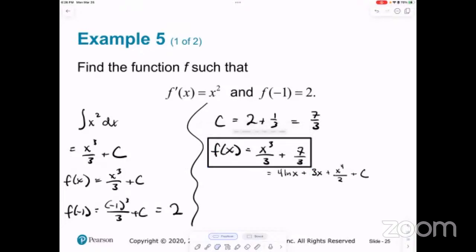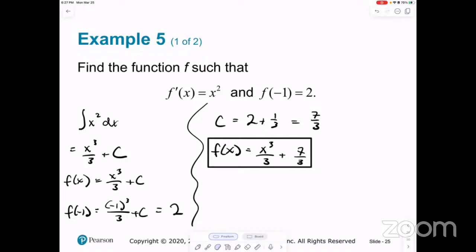And I'm going to get rid of all of this. Okay. Right. So that way, when we take the derivative, the 3 comes down, and they cancel, so we have x squared. The derivative of a constant is 0. And when x is -1, we get a -1/3 plus 7/3 is 6/3, which is 2, right? So this satisfies both initial conditions.